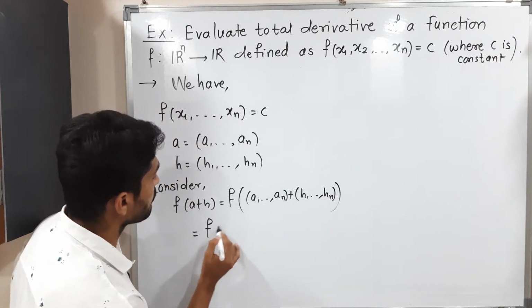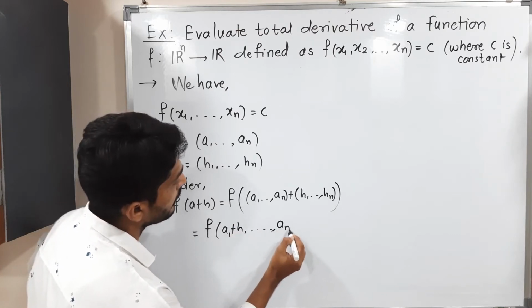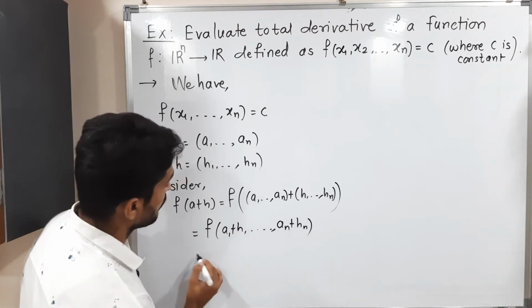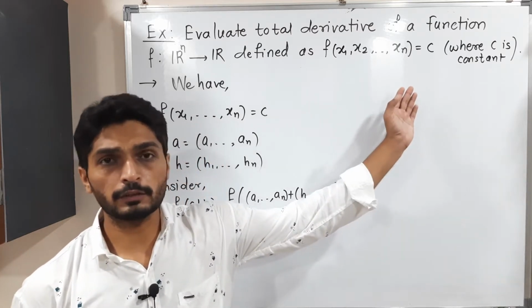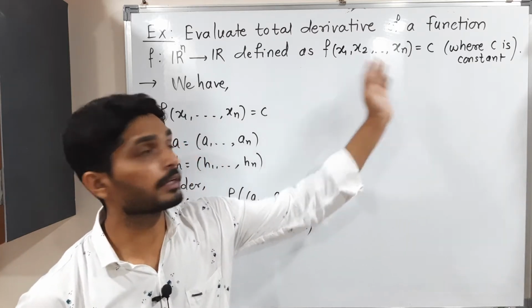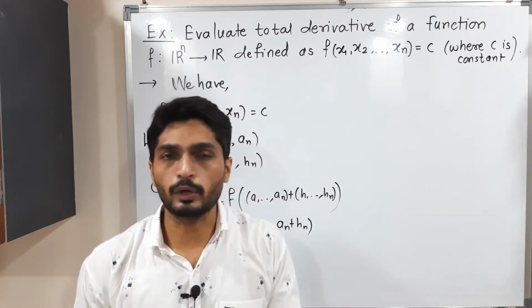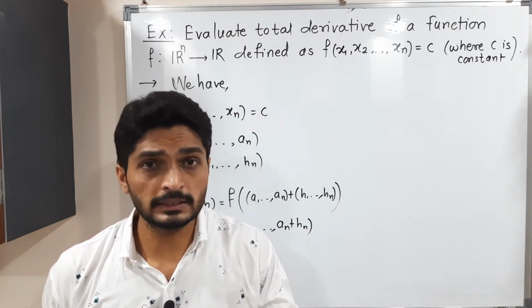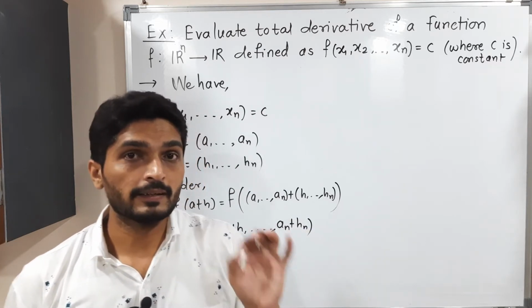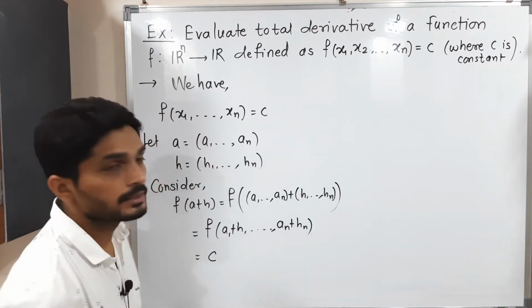So this is f of a1 plus h1, a2 plus h2 and so on an plus hn. After that, we have to find its value. Let us follow the given definition of f. The definition says its value is simply C. Whatever is inside the bracket doesn't matter. Its value is fixed, which is C. So here also we will have C.